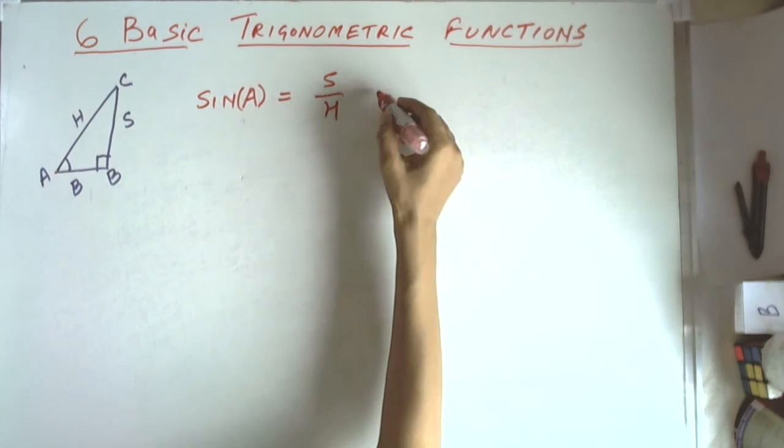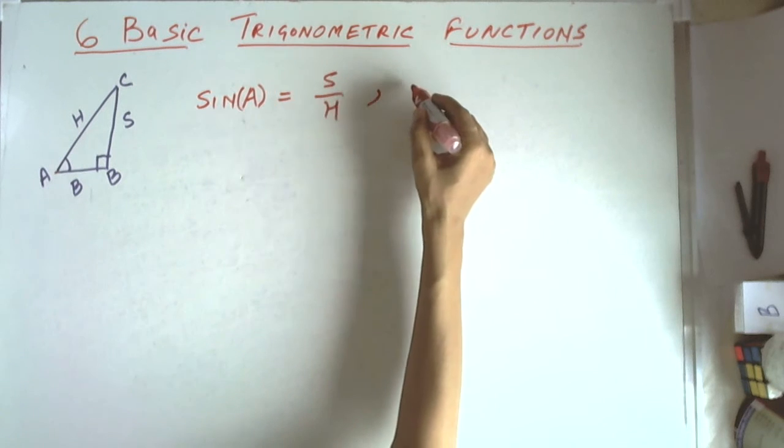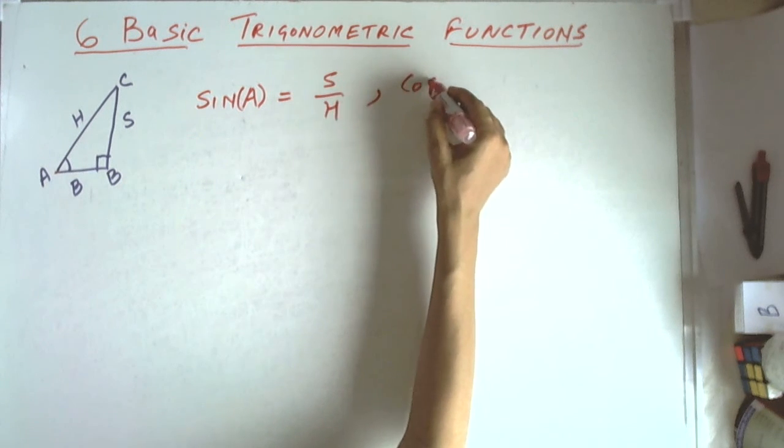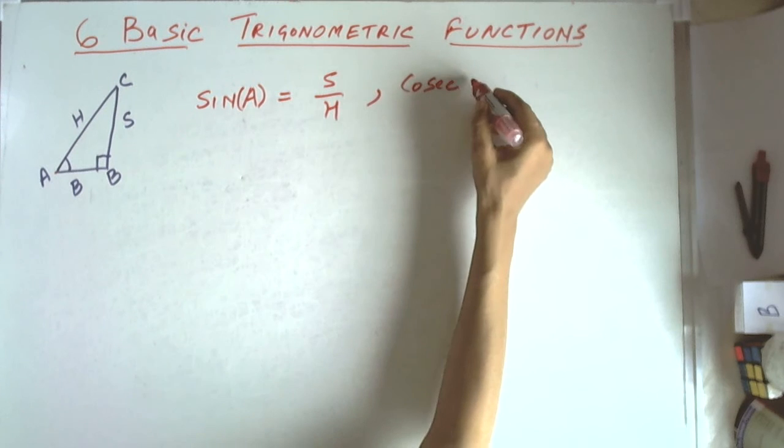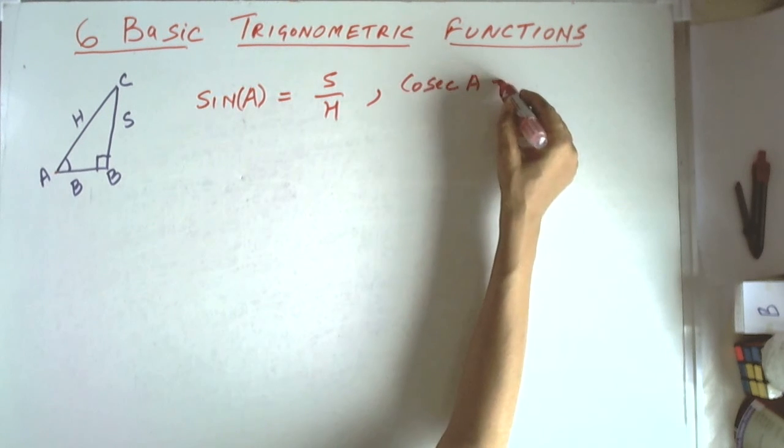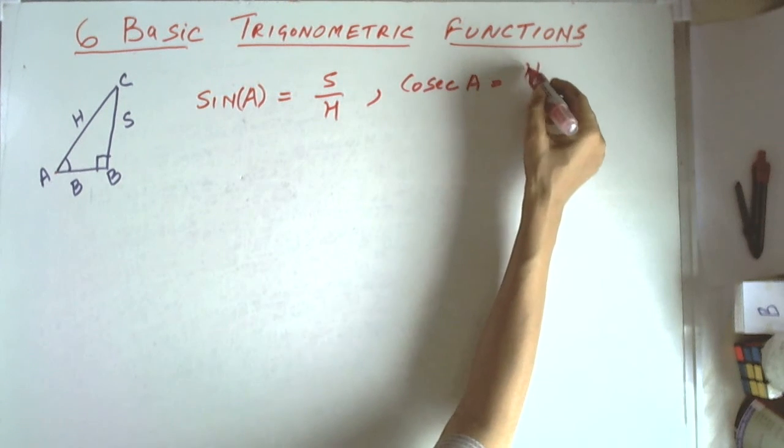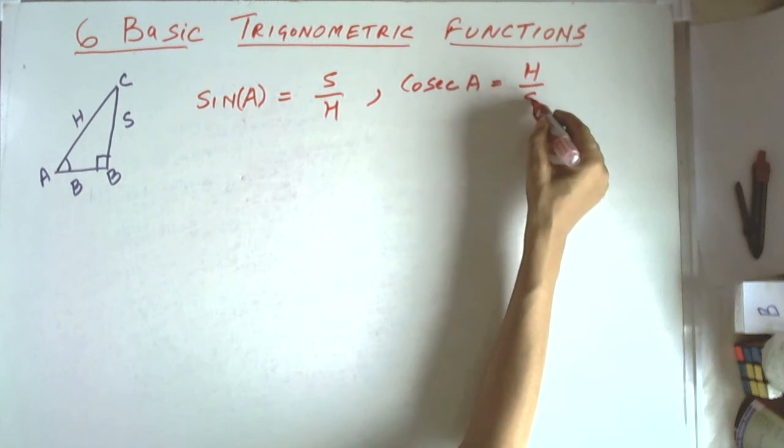And then we have a reciprocal of that, which is called cosec of angle A, which is just the opposite of this: hypotenuse over side.